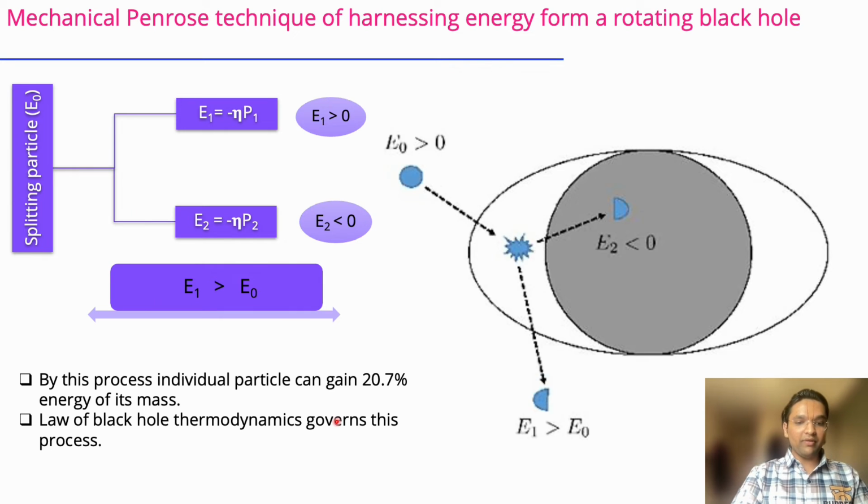In the case of an uncharged black hole, a single particle can gain up to 20.7% of its mass energy through this process. The laws of black hole thermodynamics govern this process. If this process continues until the black hole loses its angular momentum, the black hole will cease to rotate, for example, a Schwarzschild black hole.